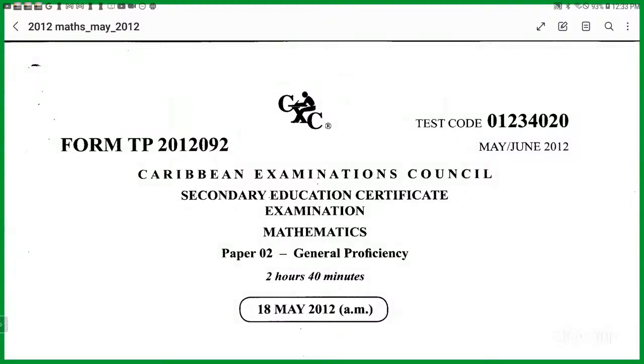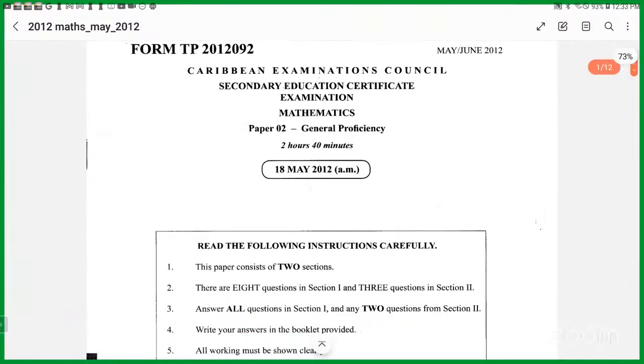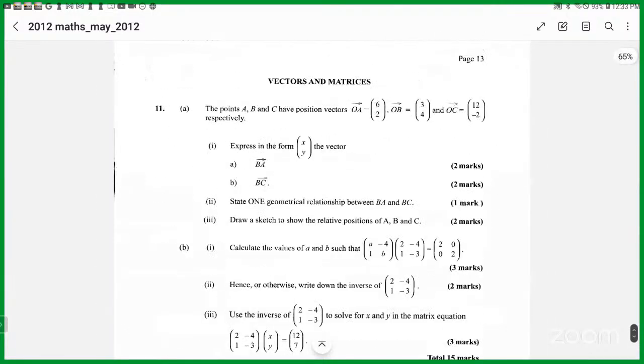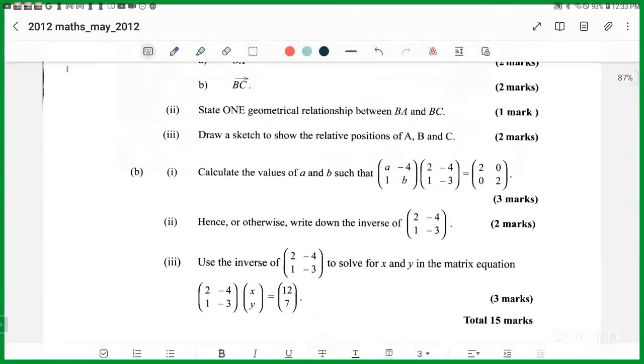All right, let's see. All right, let's see. Right here. Wanted to show you this question.